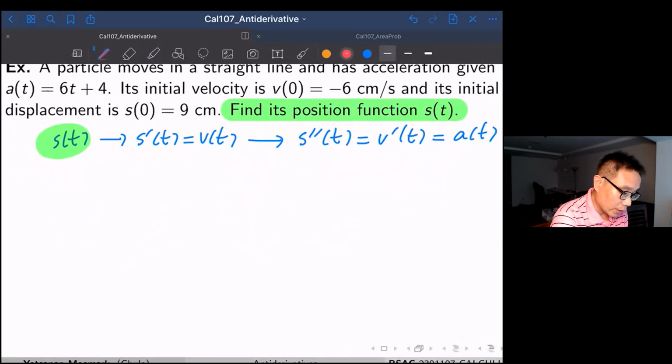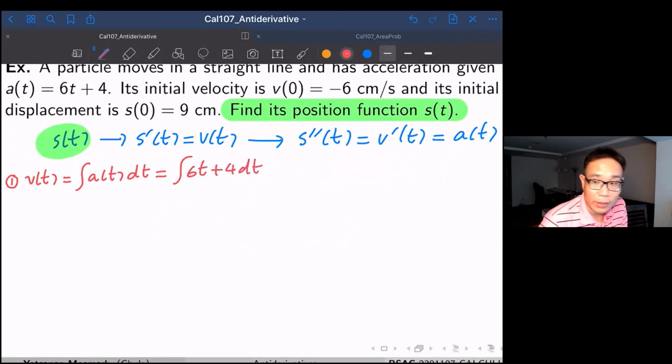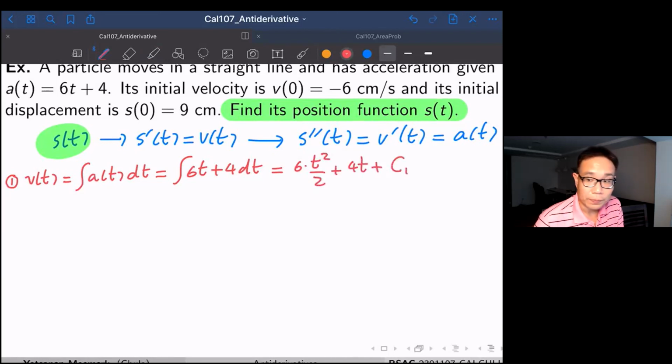So we're going to have first v(t) equal to the integral of a(t) dt. So you integrate 6t plus 4 dt. This would give you 6 times t squared over 2 plus 4t plus C1.